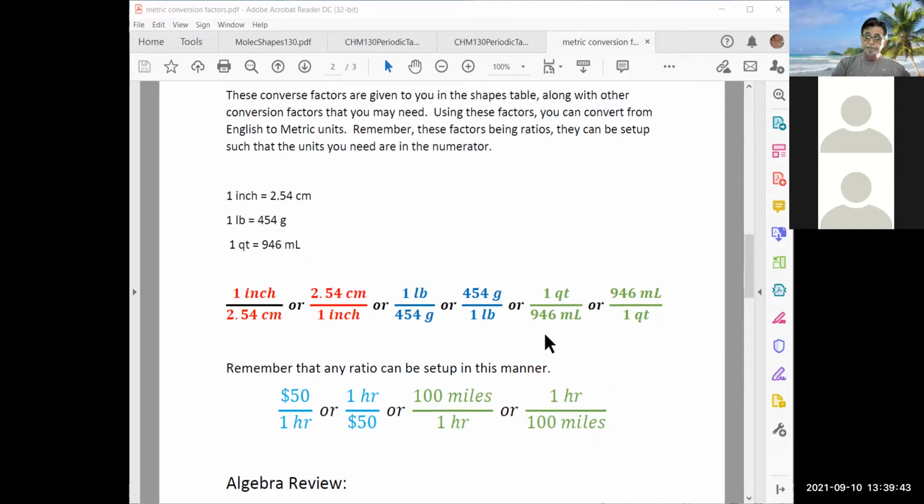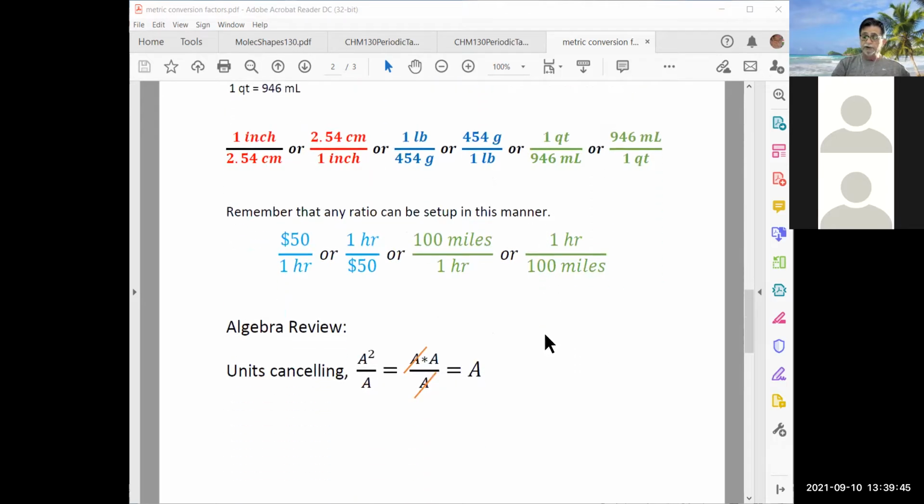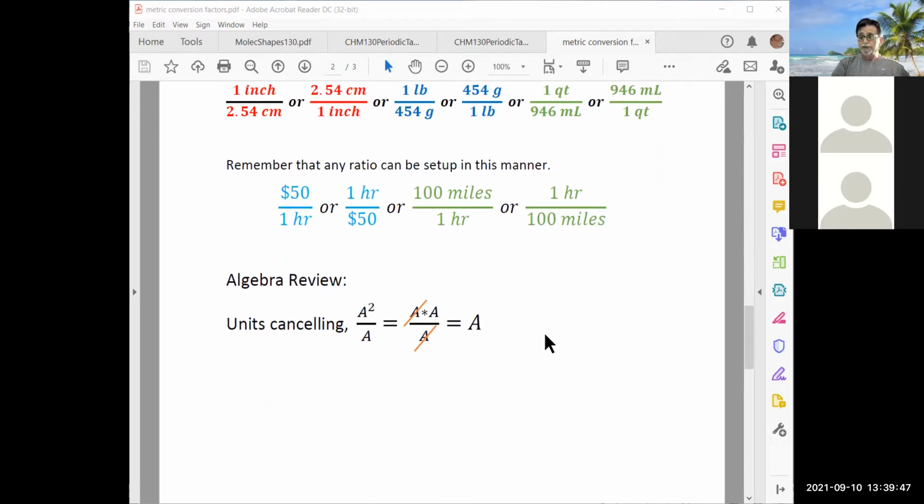Just remember, it's just a bit of algebra. We're not going to do complicated algebra, very simple. Here we use letters, and those are letters in algebra, and that makes sense. But up here we're using abbreviations. Well, no different.